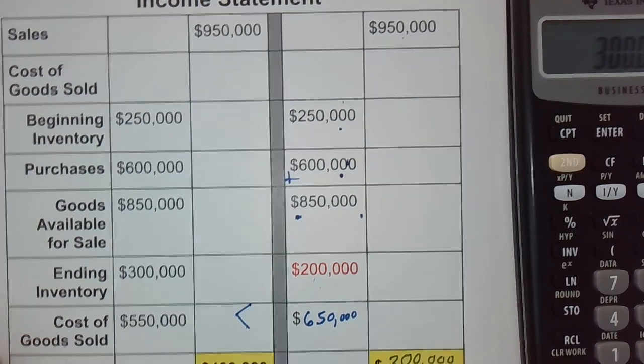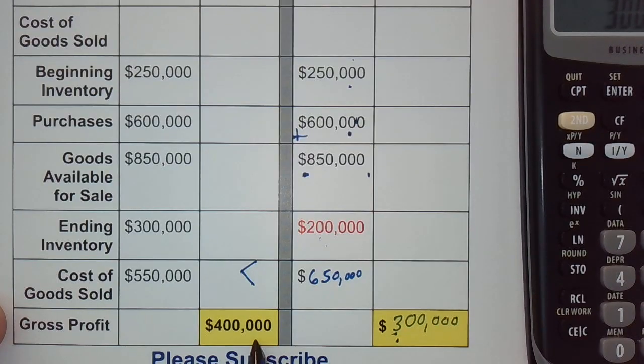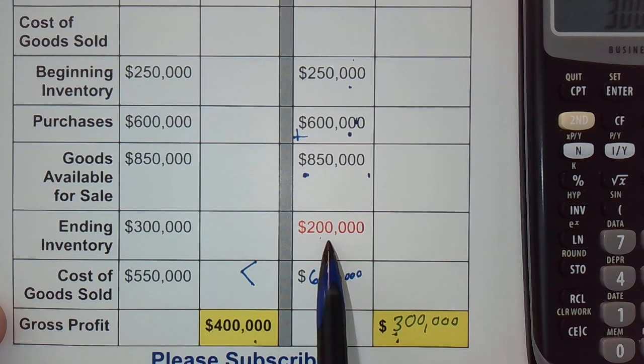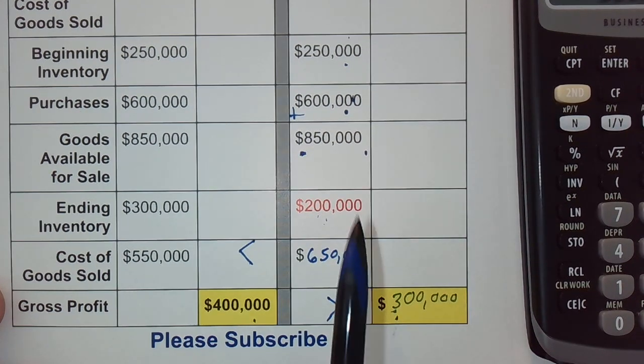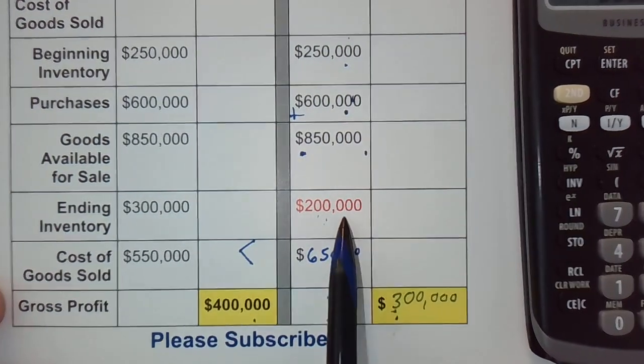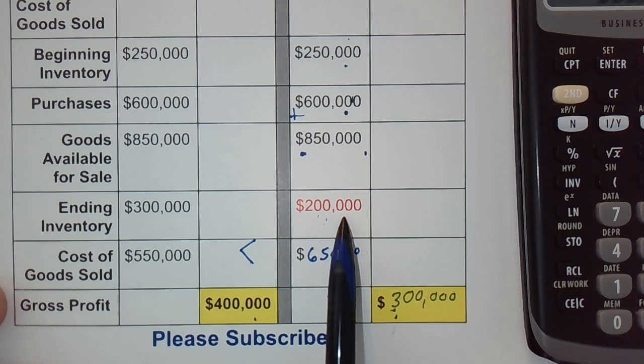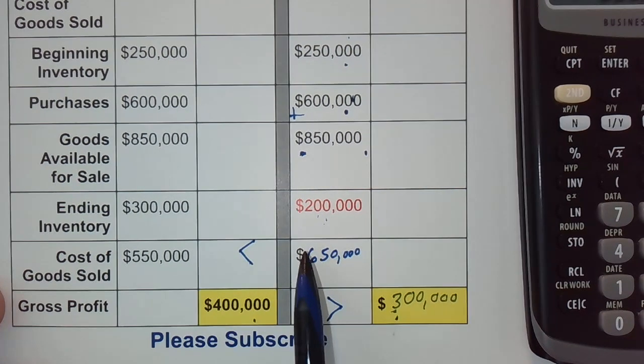And you see here, the $300,000 is less than the $400,000, which is the correct amount. So where we've understated the ending inventory, we wind up with a lower gross profit than it should be. So we understate the gross profit if the understatement is of the ending inventory. So take a look at that. That's how it plays out.